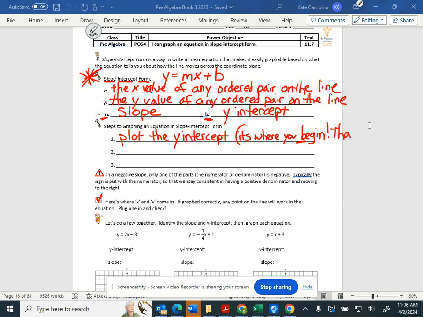That's why it's the b, because begin, right? So we begin with that y-intercept. If we know y equals mx plus b, that b is our y-intercept. So we know that the x is 0 and the y is that number. Lucas?